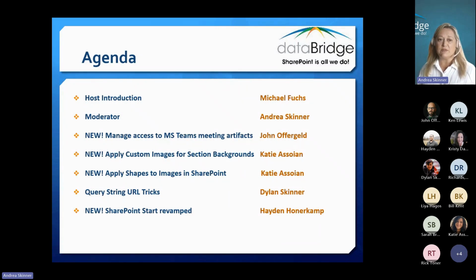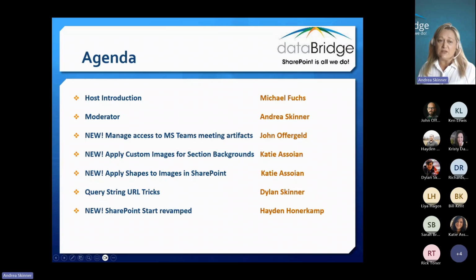You'll soon be able to decide who can have continued access to Microsoft Teams artifacts like the recap, the meeting notes, the videos, and so forth. So they're not going to be taken away and held hostage right away like they are right now. You'll be able to pick and choose whether to open those assets to attendees of that meeting. You can also give additional people access to those, even if they weren't on the call. So we'll hear from John on that.